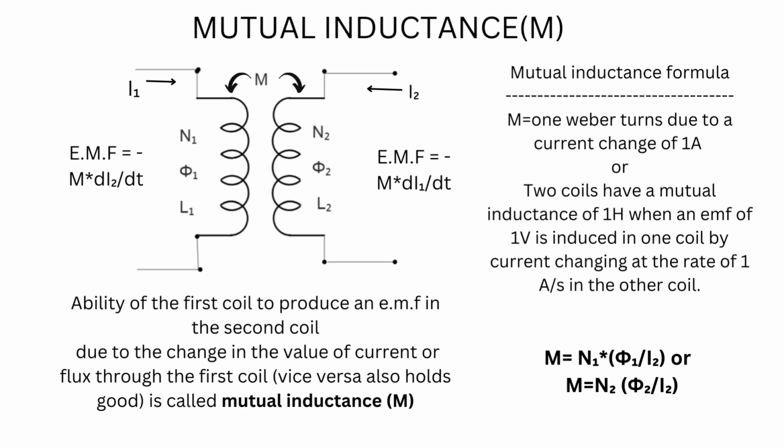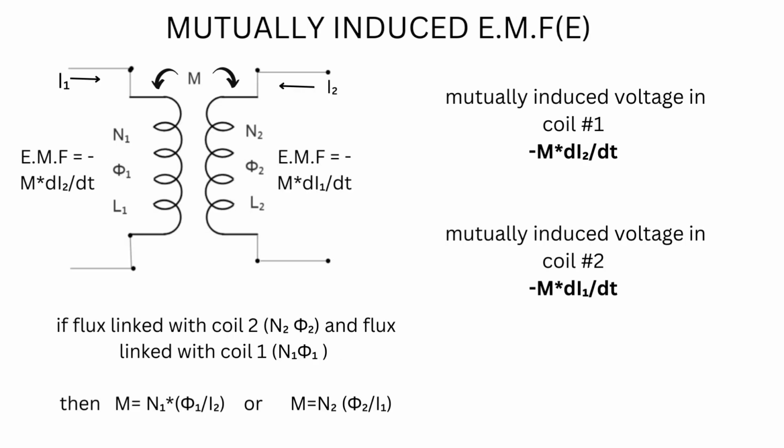And you get the formula for mutual inductance as N1 into flux divided by current. So mutual inductance in first will come as N1 into phi1 by I2. Current change in the second causes the mutual inductance in first. Similarly, current change in first causes mutual inductance in second.